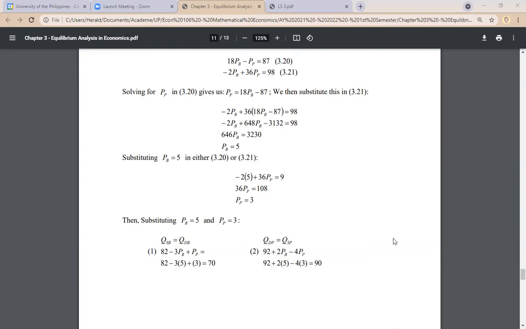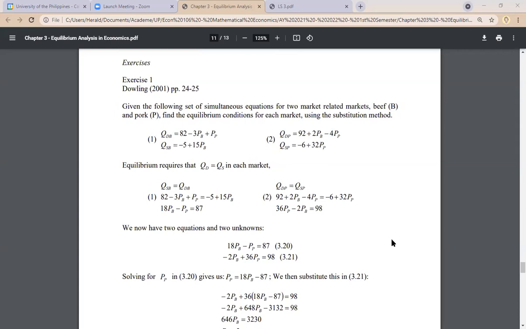Now we will also neglect the idea that these two commodities might not have a relationship at all, because as you can see here, the prices of these two commodities would also impact the quantity of the other good. So for example, in the demand function here, we can see that as the price of pork increases, the quantity demanded of beef also increases.